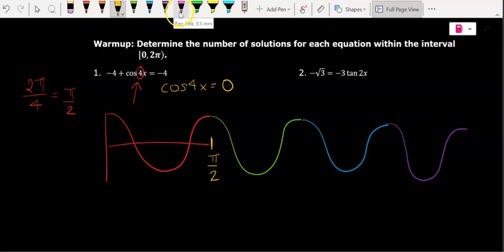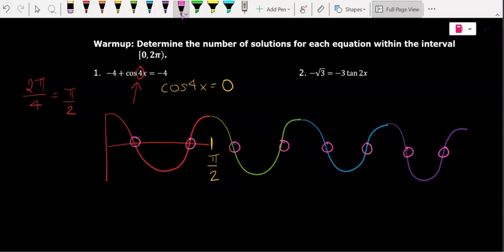That's at pi over 2 and 3 pi over 2. So at those points, I'm going to have a solution for my equation. Now, since this has been compressed by 1/4 and it's going from 0 to 2 pi, I have 4 solutions every single time that cosine equals 0 throughout the entire period.